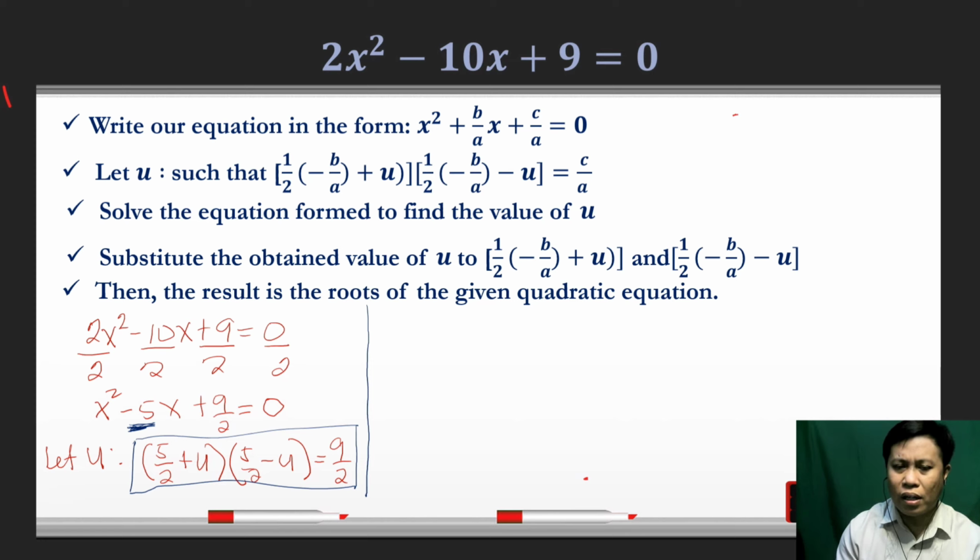You can get the product by just looking at this 5 over 2 minus u, yung may minus sign. Square yung first term, the square of 5 over 2 is 25 over 4. Tapos kopyahin natin yung minus sign, then the square ng susunod na term, u squared equals 9 over 2.